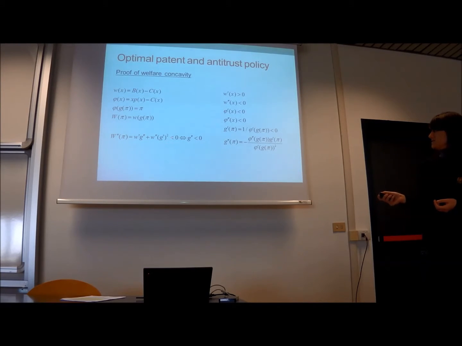Because if we take the second derivative of welfare as defined in this way, we find that this is the second derivative, and given those assumptions, we eventually find that, since G is the inverse function of this first derivative, the second derivative computed is this one, and it's negative.